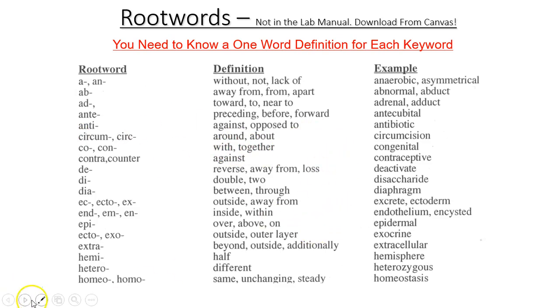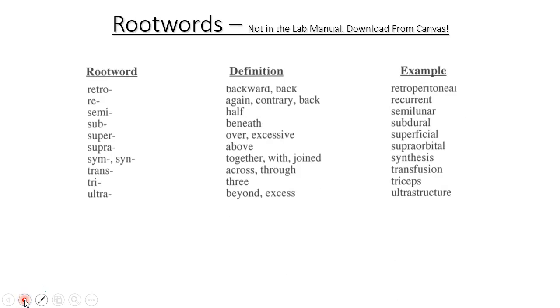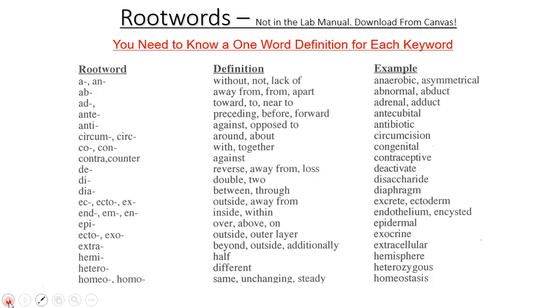I'm just going to go through these really quick. A good way to study these would be to write them down, as much as you can until you memorize them. Maybe do flashcards. I'm not a flashcard guy, but that works for a lot of you.